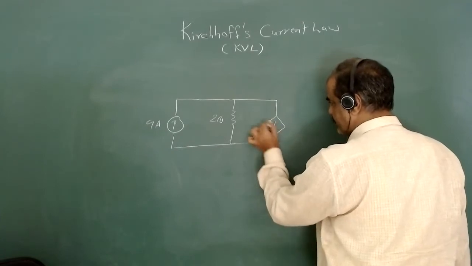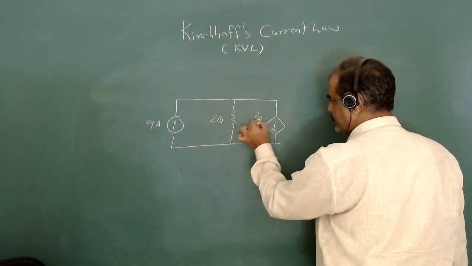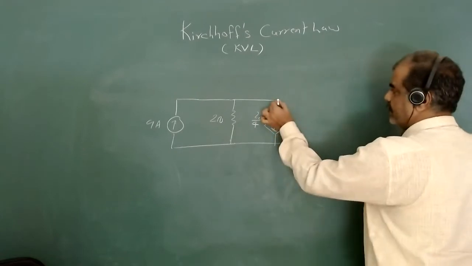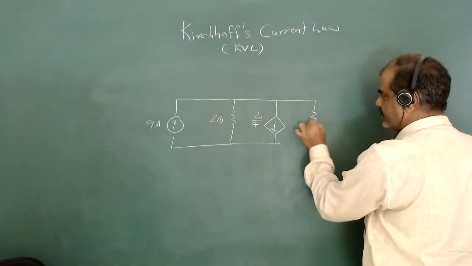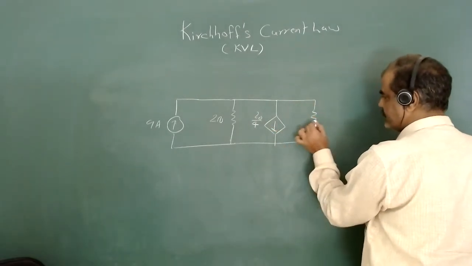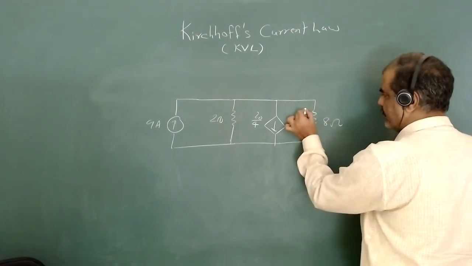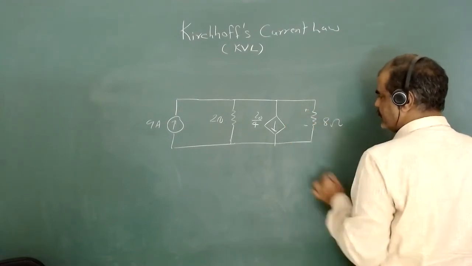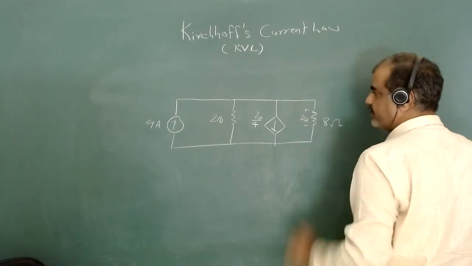It is drawing current I0 by 4, and across this I have one more 8 ohm resistance, and across this resistance the voltage drop is V0.